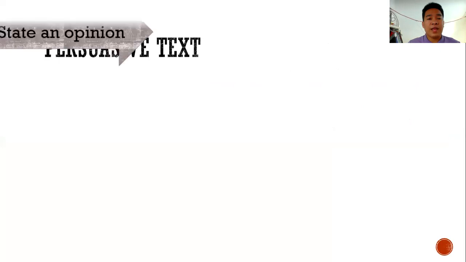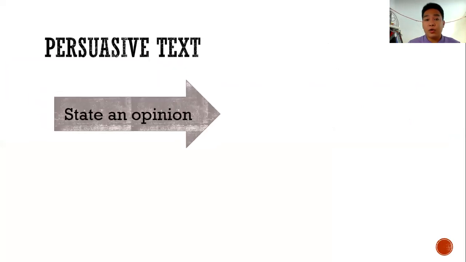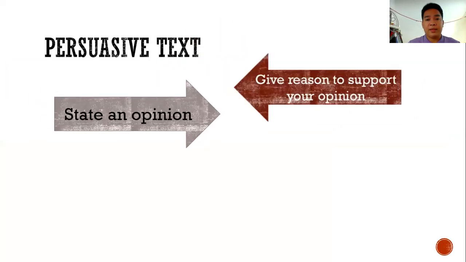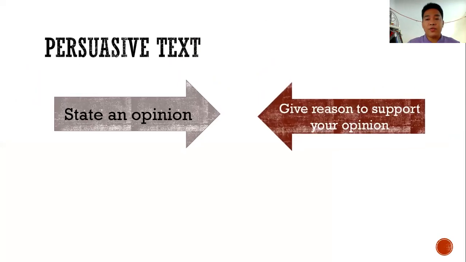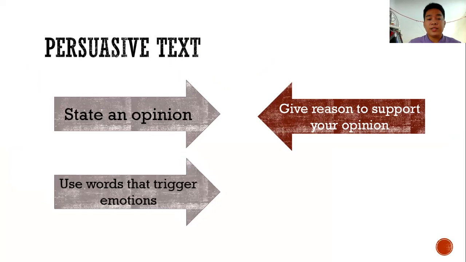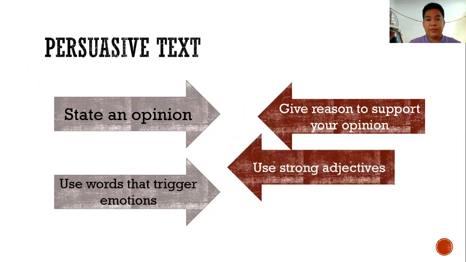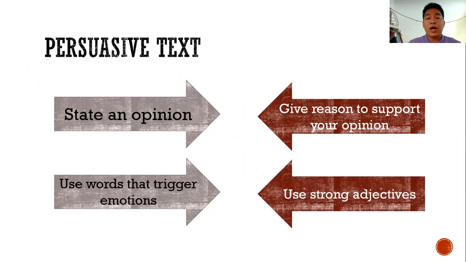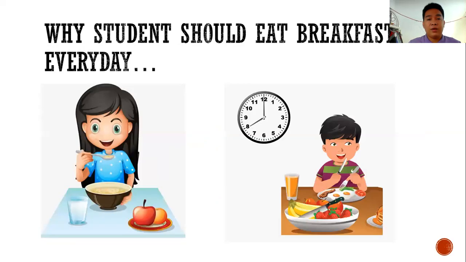So in a persuasive text, you have to state your opinion. You have to give reasons to support your opinion. Use words that trigger emotions, or use strong adjectives. In this example, why students should eat breakfast every day?